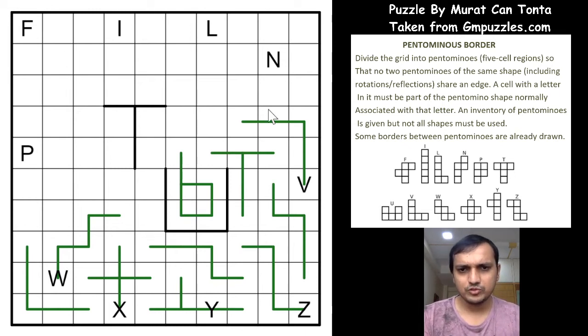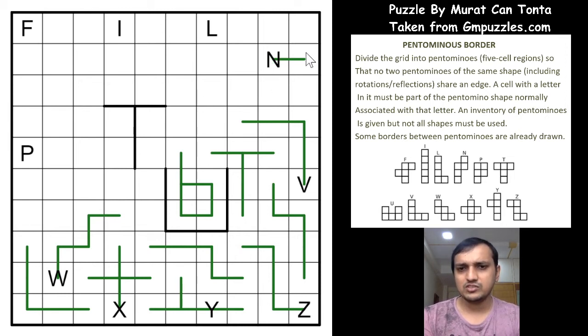Now if you just see this N, there are many possible ways for this N actually, but only one possible way will work. So if this cell is part of an N, the N has to go 3 cells straight and then turn and 2 cells straight, right? So either 2 cells straight and turn, then 3 cells straight.